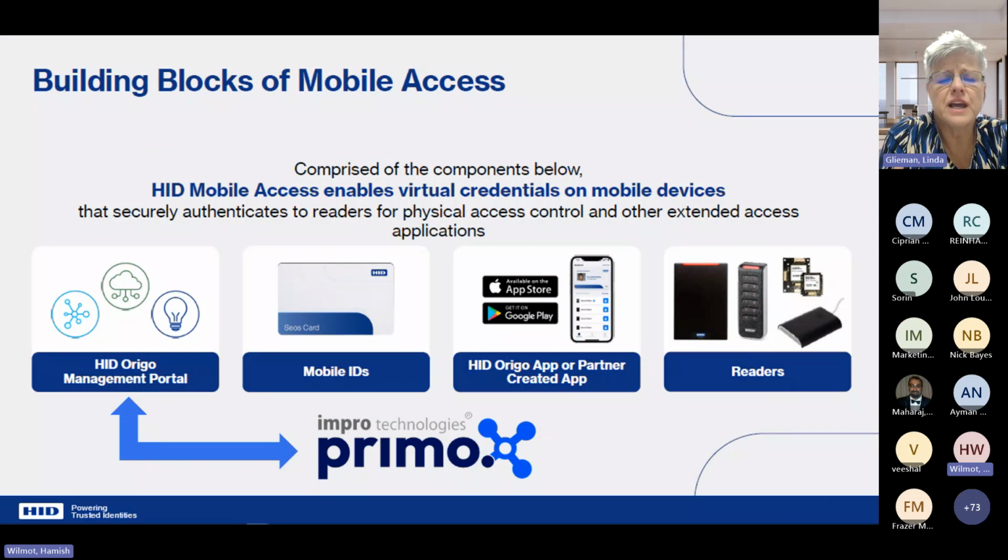It needs to be revoked and reissued from the pool of licenses, but licenses are reusable. The exciting thing is that Primo from version 1 has integrated into the HID Origo management portal, making it very easy for administrators because it's a matter of just adding another tag within Primo.